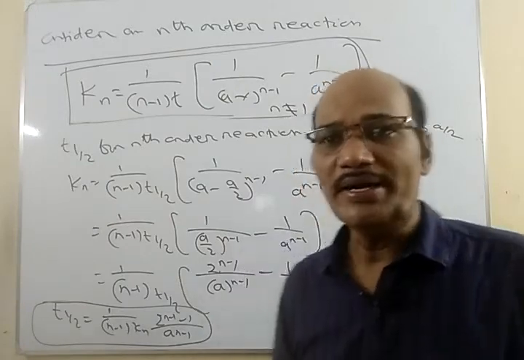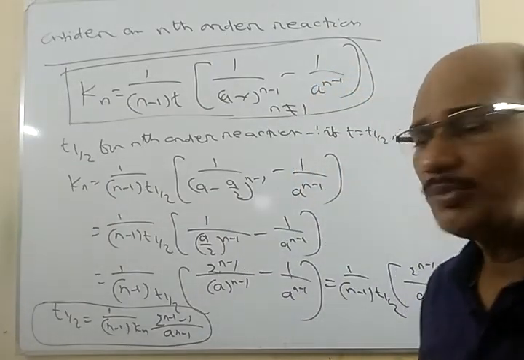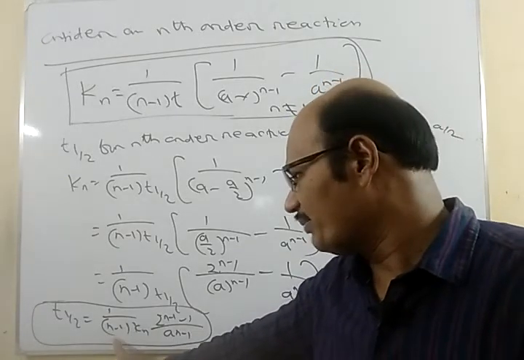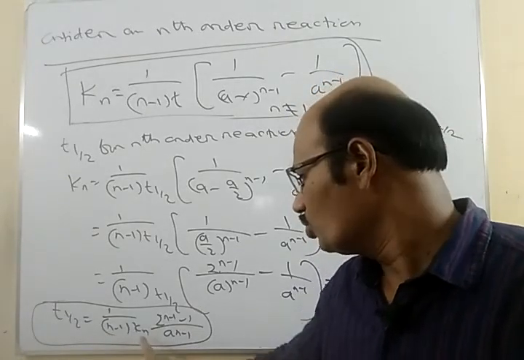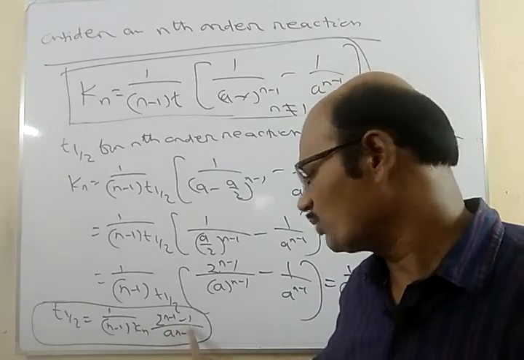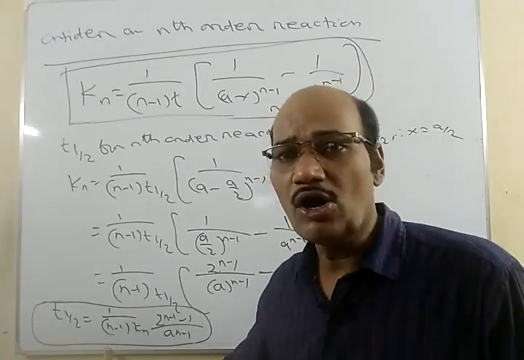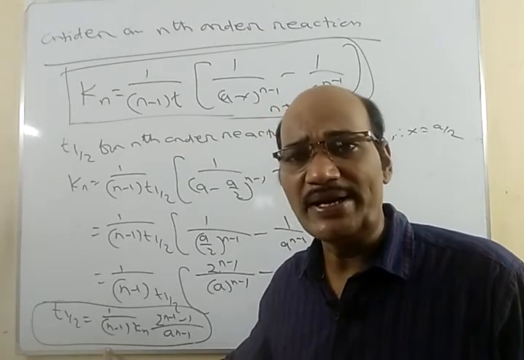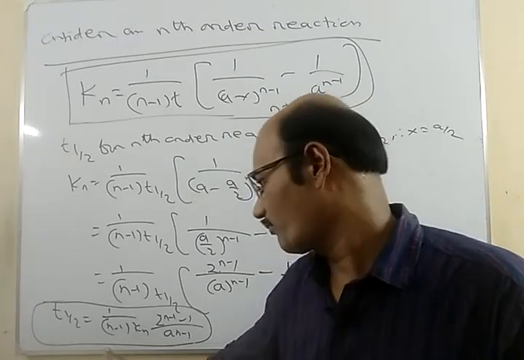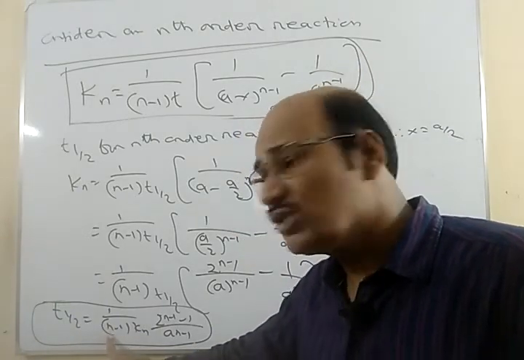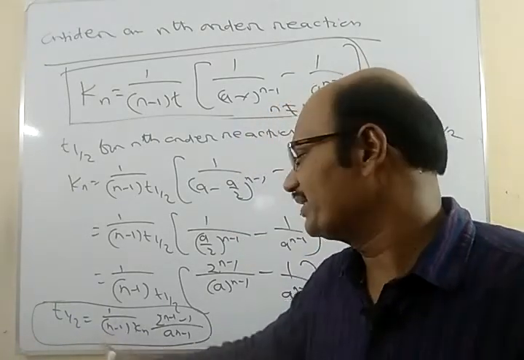So for a reaction of nth order, t half is equal to 1 by n minus 1 into k into 2 power n minus 1 minus 1 by a power n minus 1. Okay, where n is the order of the reaction, and n is not equal to 1. So now here we can put the value of n so that we can get the value of t half.